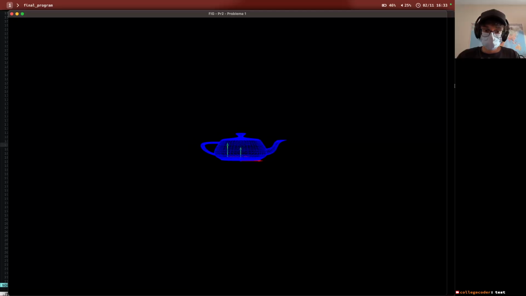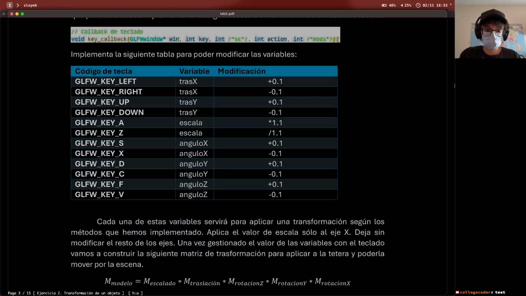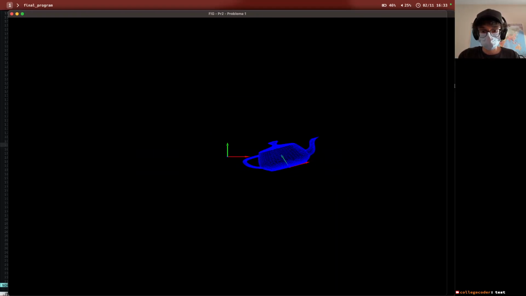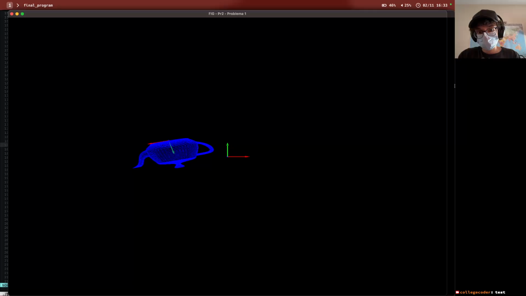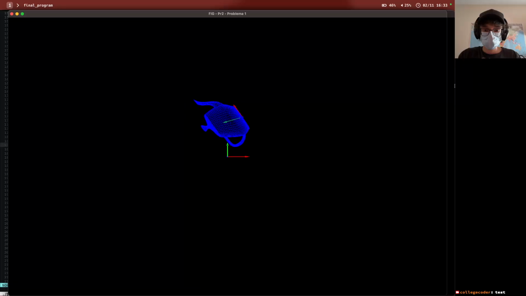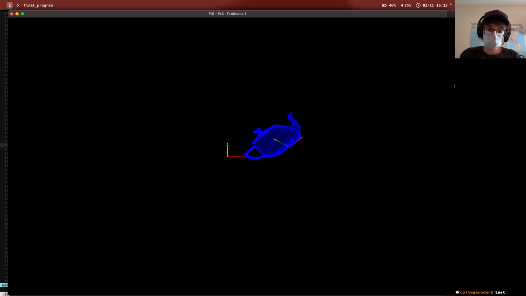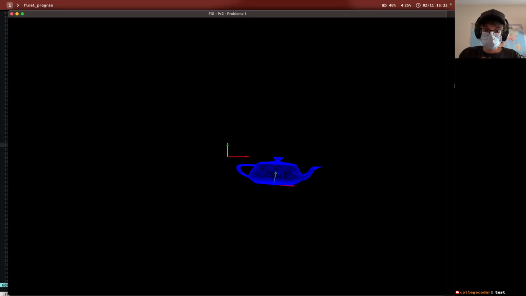Say I move it out of the origin, I rotate the x-axis. So I rotate the x, yeah, basically.